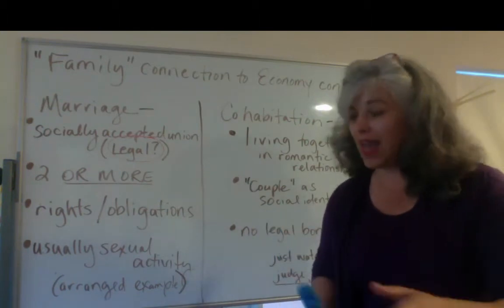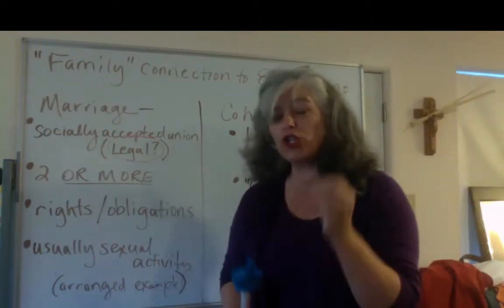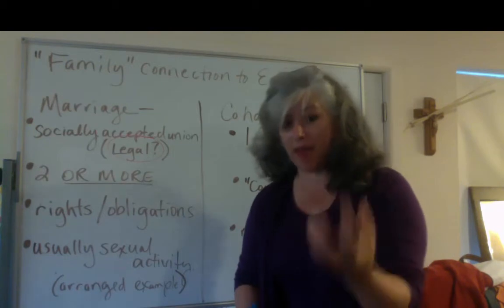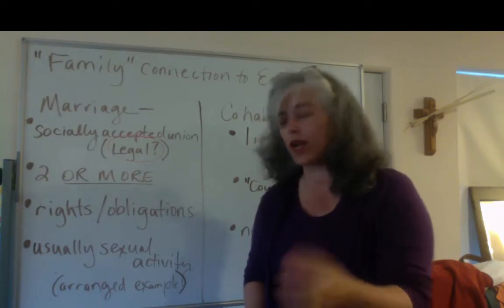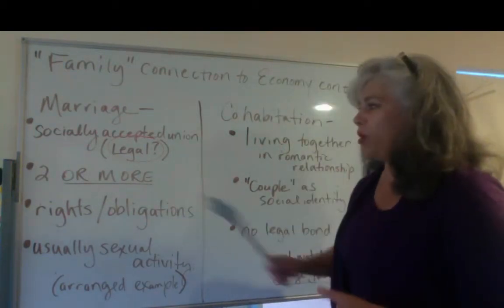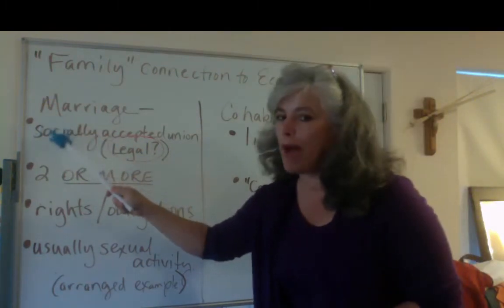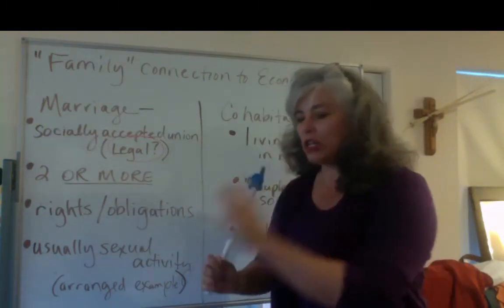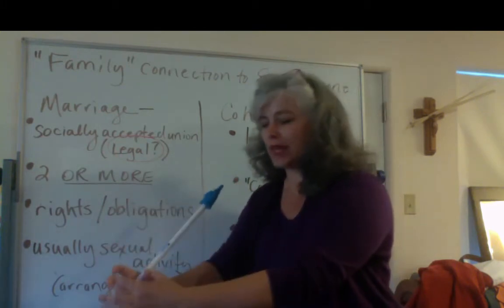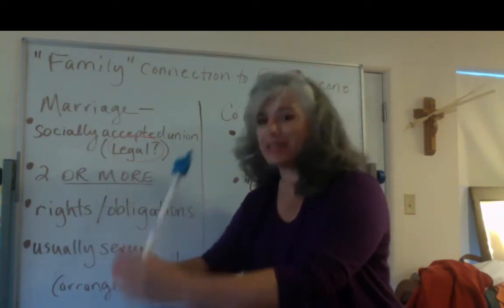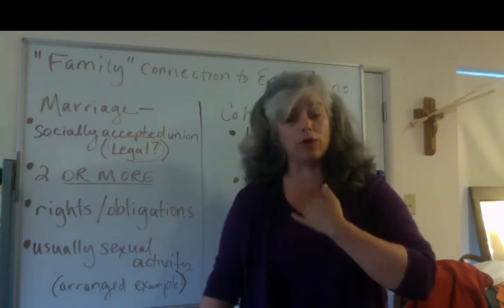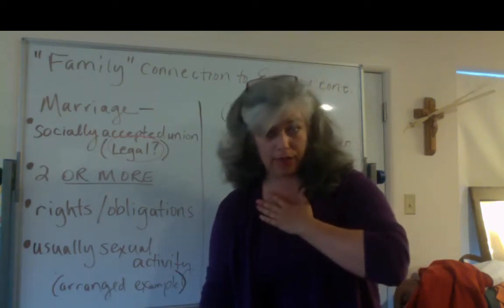That means that the people around you, that social identity part of the family unit that we referred to a little while ago, is something that society as a whole on the macro scale looks at that particular arrangement and says, yes, that is a marriage based on the norms of our society.